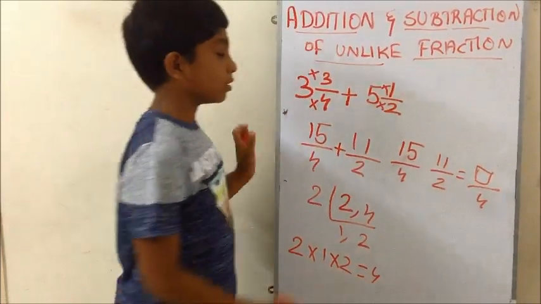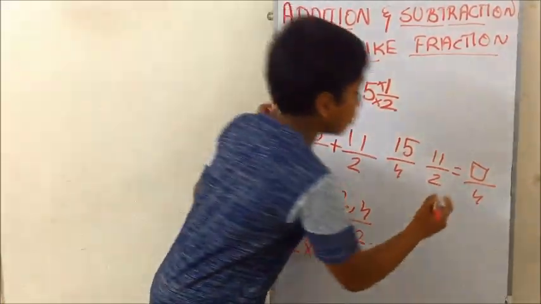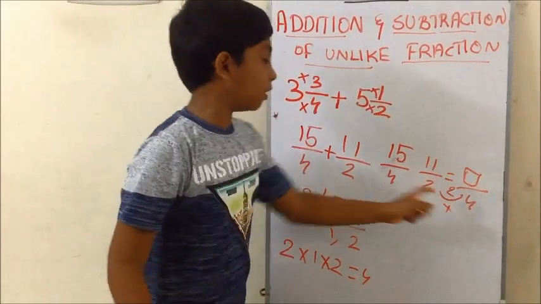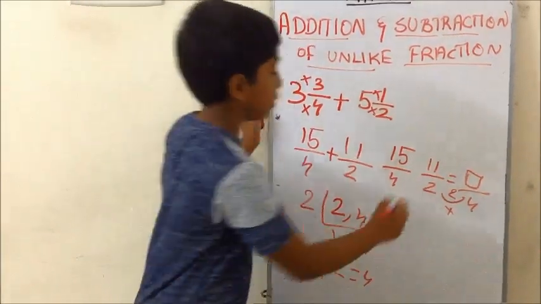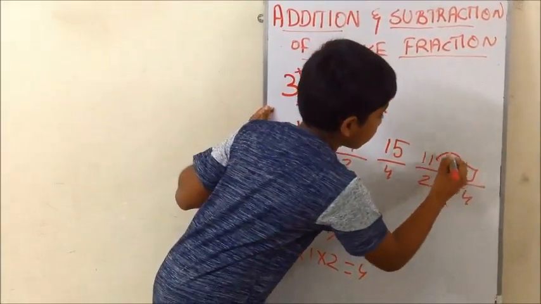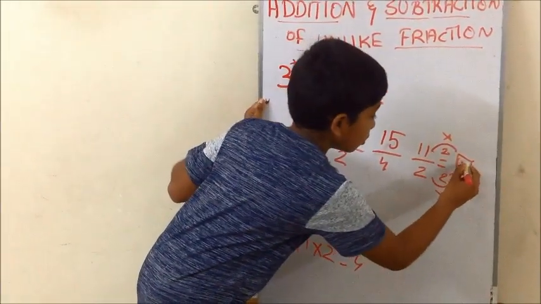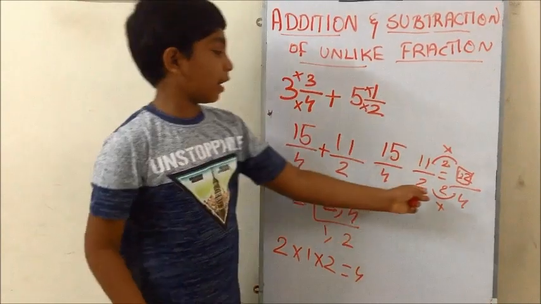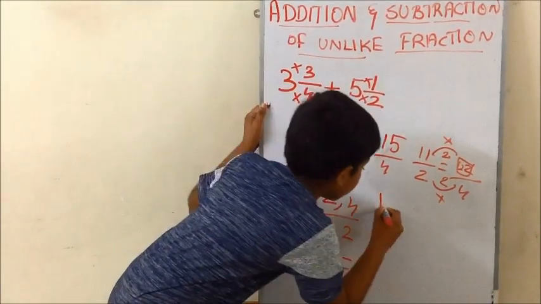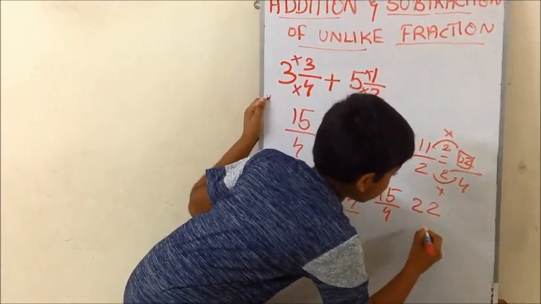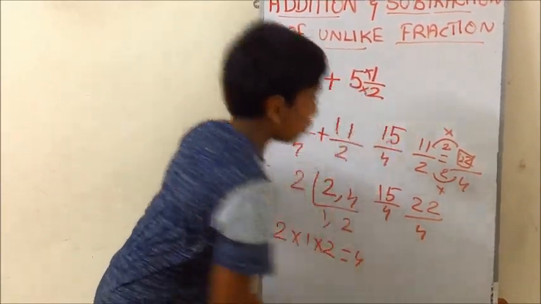In 2 tables, 4 will come in second time. So we need to multiply 2 with the numerator and the denominator. 11 into 2 is equal to 22. So now we have converted to 15 by 4 and 22 by 4.